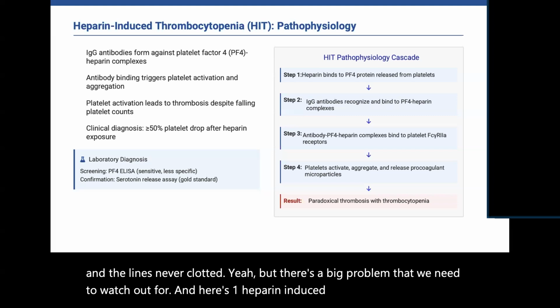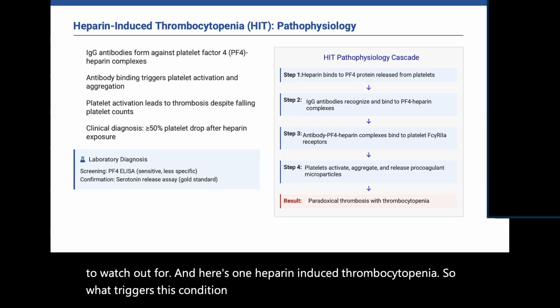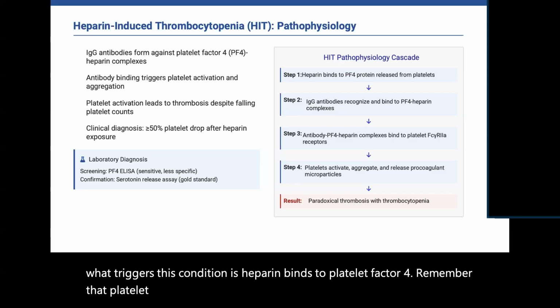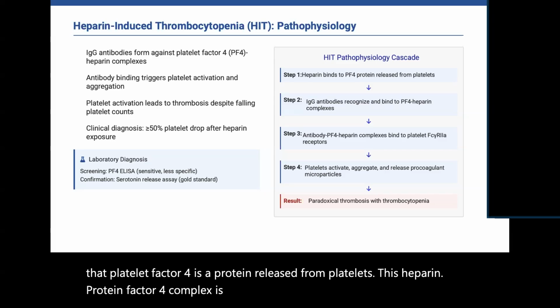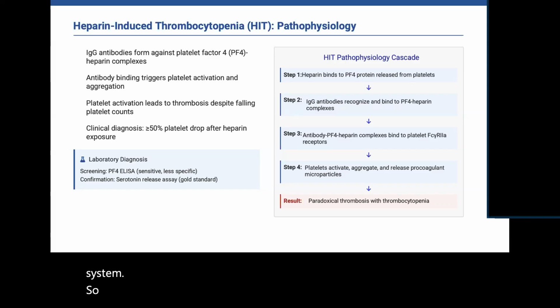So what triggers this condition is heparin binds to platelet factor 4. Remember that platelet factor 4 is a protein released from platelets. This heparin-platelet factor 4 complex is seen as a foreign invader by the immune system. So this is an antibody produced with the presentation of heparin.